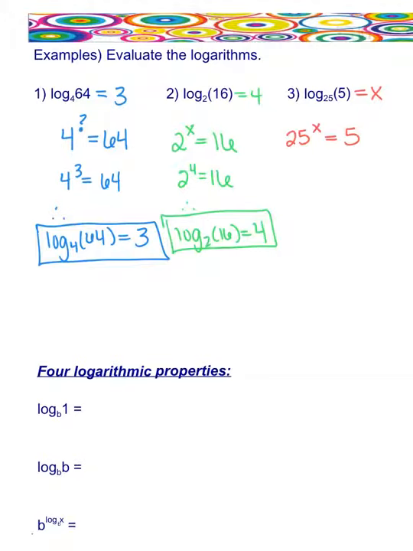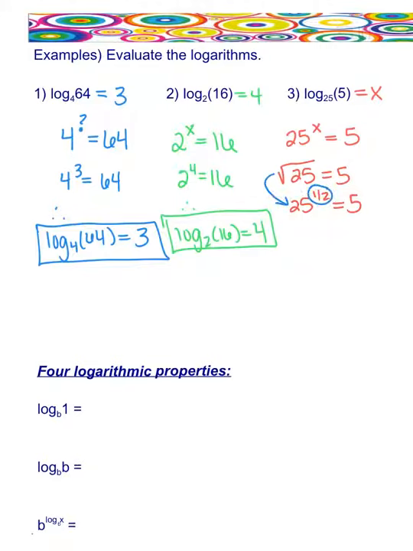So I know that this exponent is not going to be 1 or larger. It's actually going to be a fraction potentially, or maybe even negative. So let's think of a relationship you know between 25 and 5. Well, I know that the square root of 25 is equal to 5. And I know that I could rewrite the square root of 25 as 25 raised to the 1/2, if I change this radical into rational exponent form.